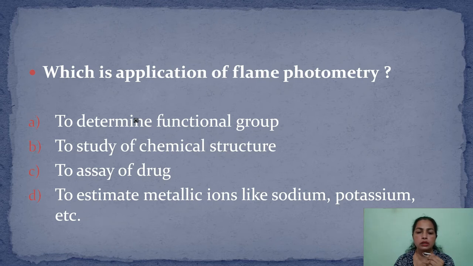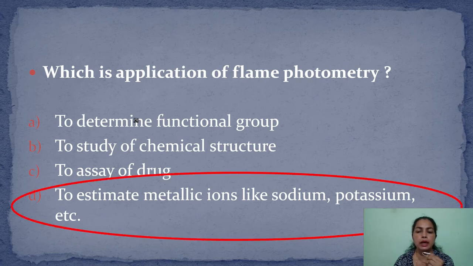Assay of drugs cannot be performed. It is basically to identify the presence and quantity of certain atoms or elements in the sample. So the fourth option, that is to estimate metallic ions like sodium, potassium, is the correct answer for this application of flame photometry. The others are not possible with flame photometry.